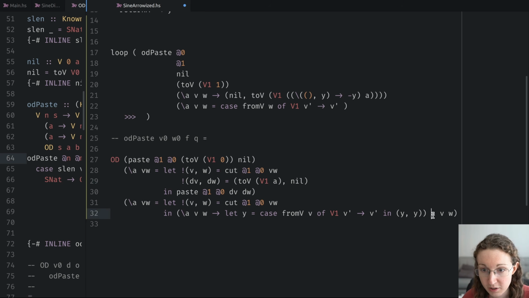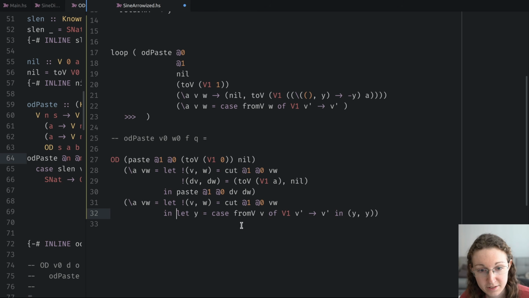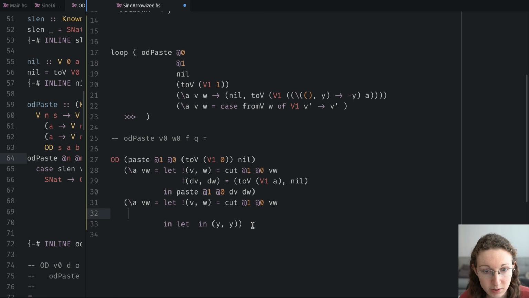And same thing here. We have a in place of a, v in place of v, w in place of w, which makes this all very, very simple. So let's just pull this out, replace that. And this sort of let is a little bit silly. So we can just pull out this y binding into the enclosing let right here.